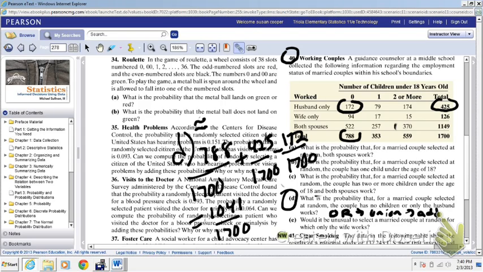So for part D, that's approximately 0.612. And again, be on the lookout for the word or. It means that you're adding 2 probabilities together. And if they're not mutually exclusive events, then you have to add them together and then subtract out the overlap.